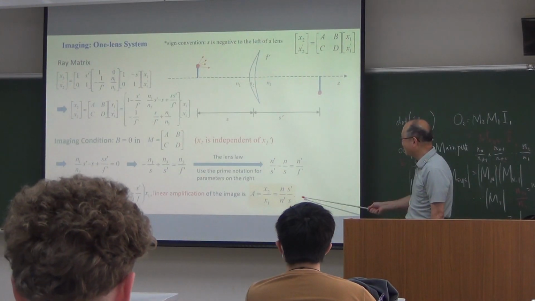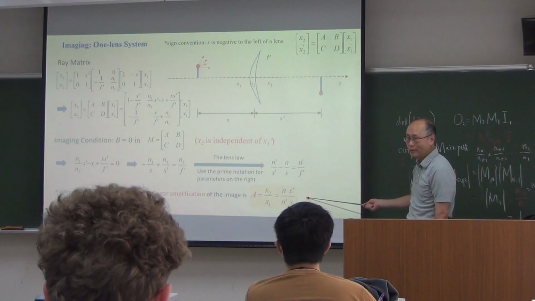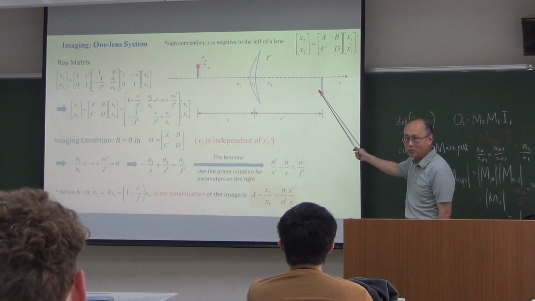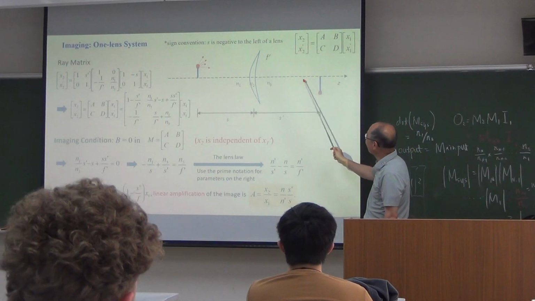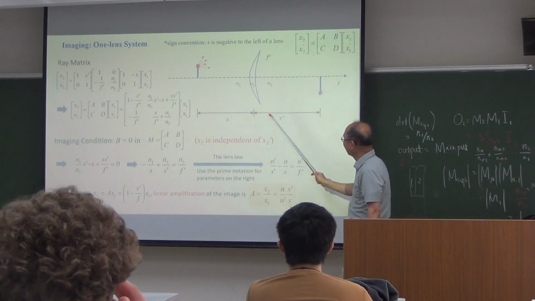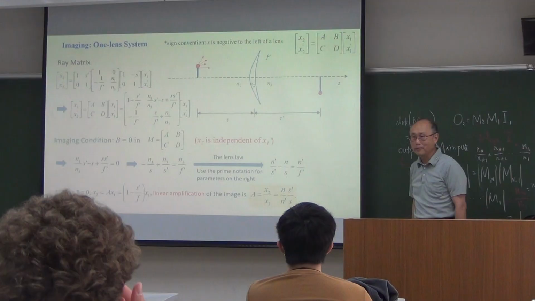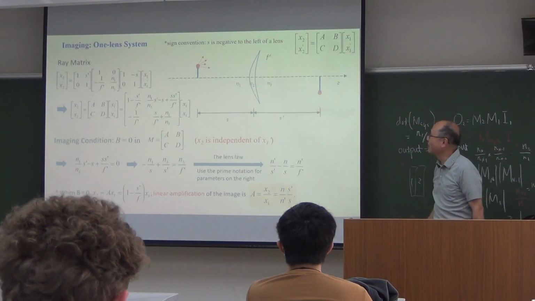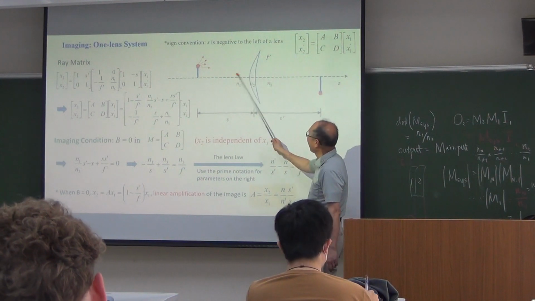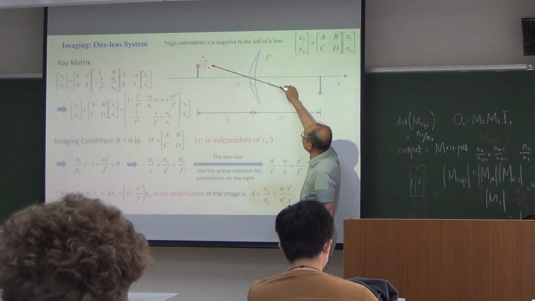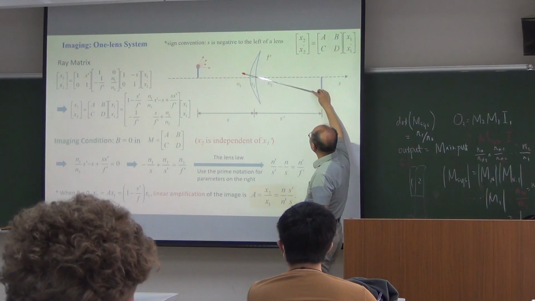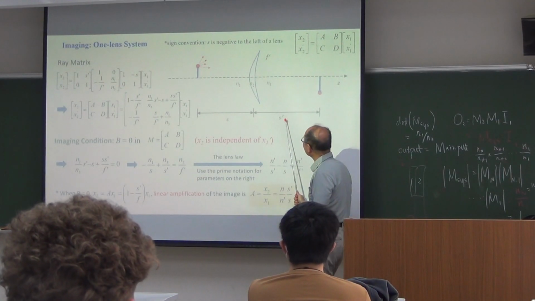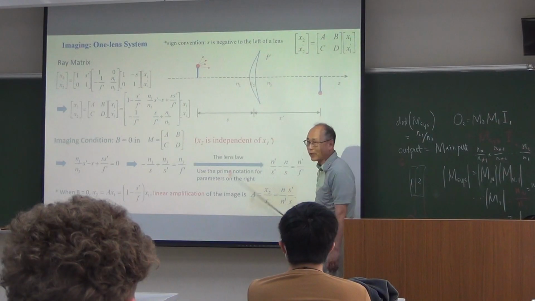And in fact, this is something you learned before. The magnification, when you were in high school, you end up having the ratio of this over this, right? You just construct two triangles. If you connect this line through it, then the ratio of this one to this one is the ratio s prime over s.